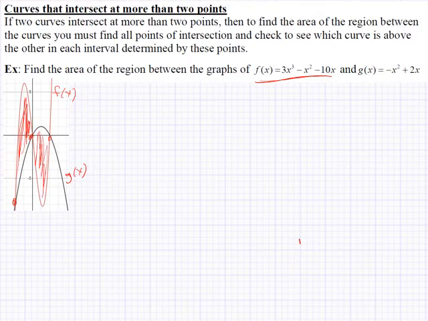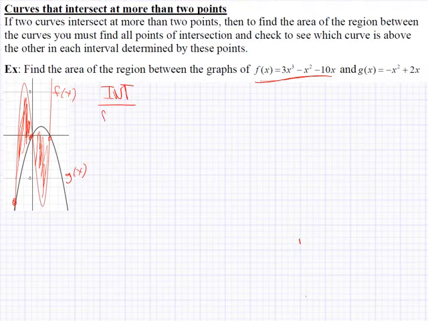Now, having this graph available to you does make things a heck of a lot easier, but it's not necessary for us to do the problem. We could simply get this problem done without looking at the graph whatsoever, but one thing we would need would be the intersection points and knowing how many intersection points there are, and that would be found by setting the functions equal to each other.